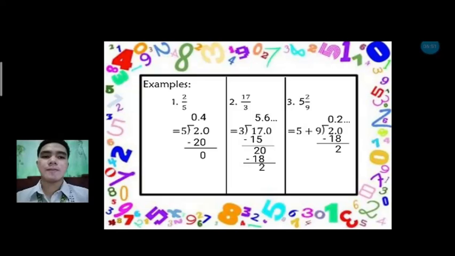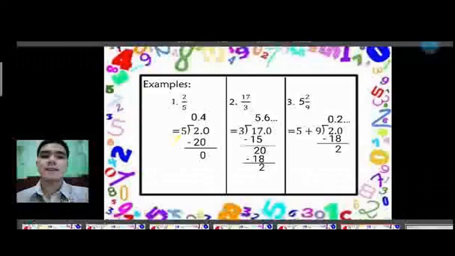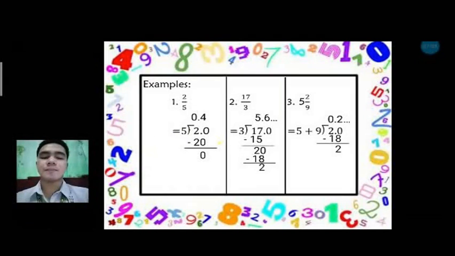Now we have 20. Just ignore the decimal at this moment. So 20 divided by 5 is 4, because 4 times 5 is 20.